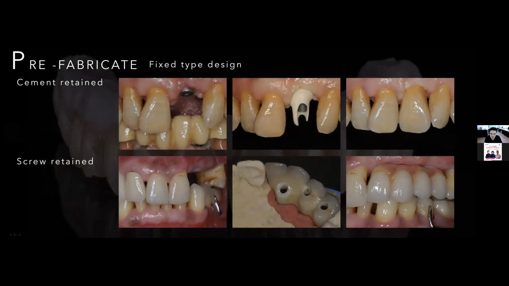And first, if we get the case or impression from my dentist, and after pouring a model, we get this case. Sometimes our order is from the dentist and also the patient's order. They want the cement type or they want the screw type. But sometimes when we get the model, we must think whether the dentist's order is really good for this patient, because sometimes they don't check everything in the patient's mouth very clearly.